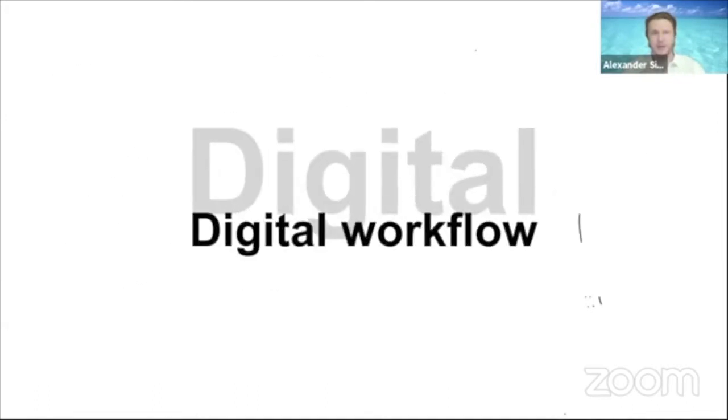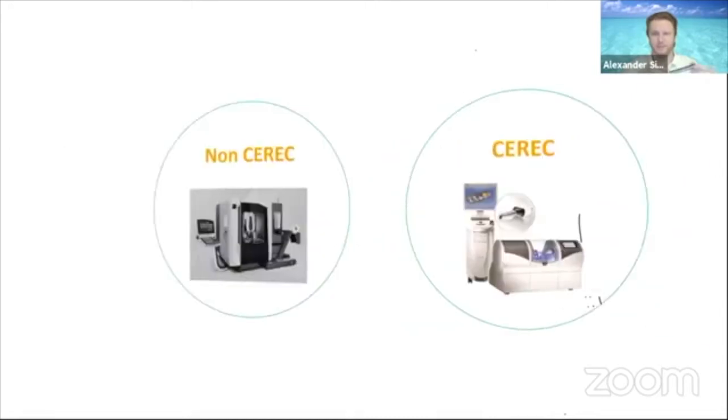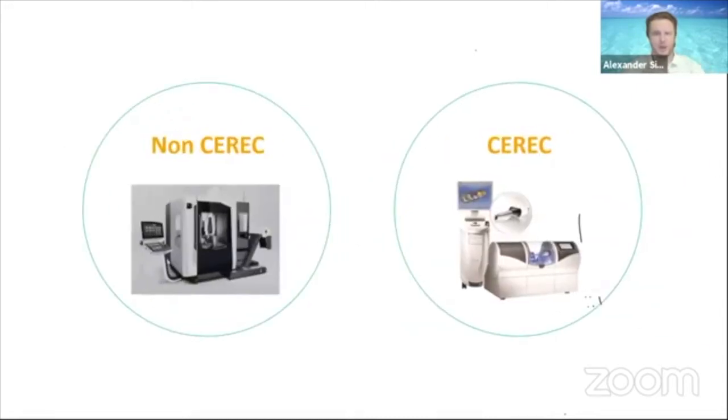And after some evolution and maybe revolution, at the moment we have a digital workflow. We have two types of digital workflow, non-CEREC workflow, and we will see that workflow at the next presentation in 1 week, and CEREC workflow.